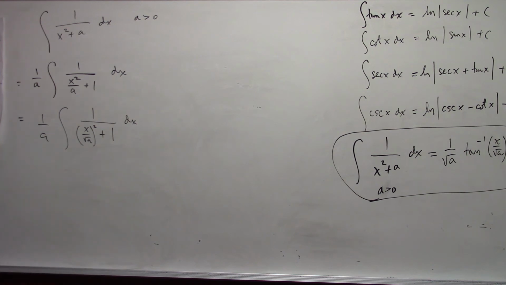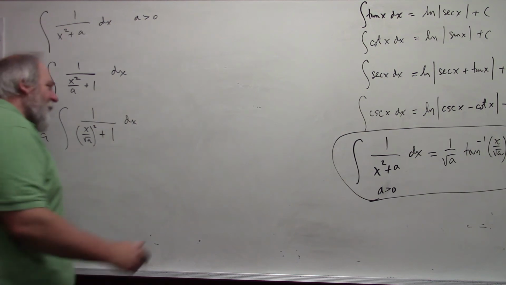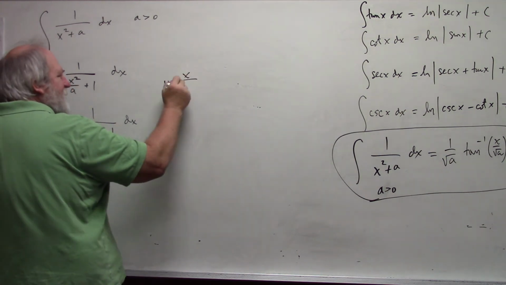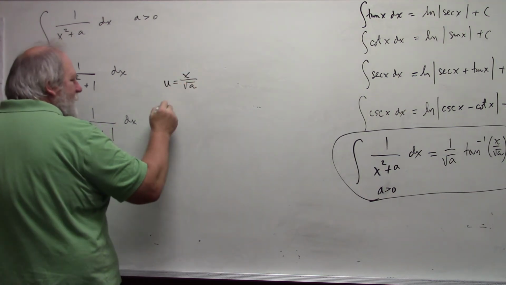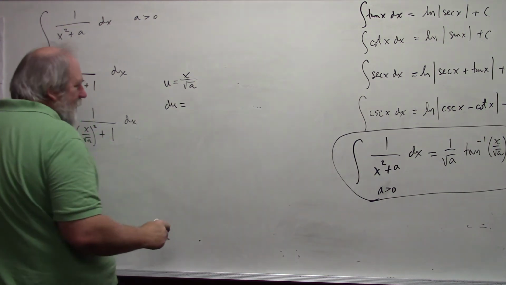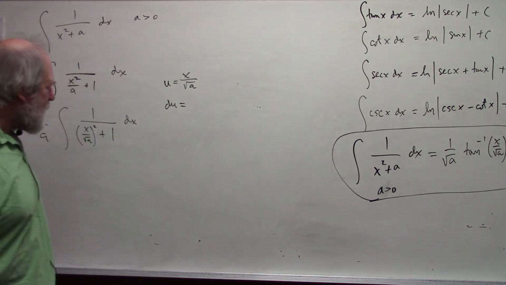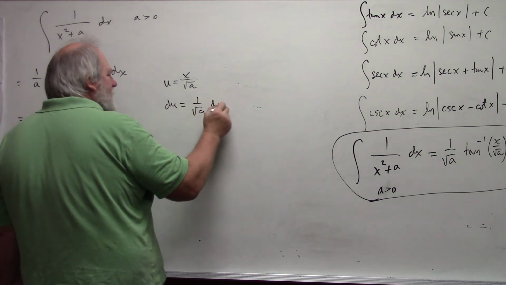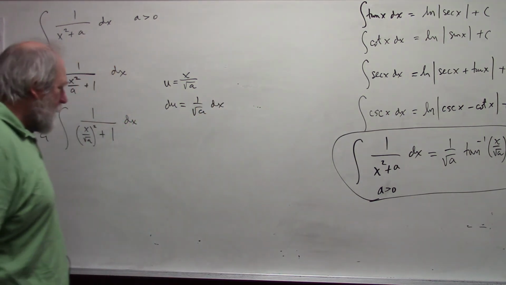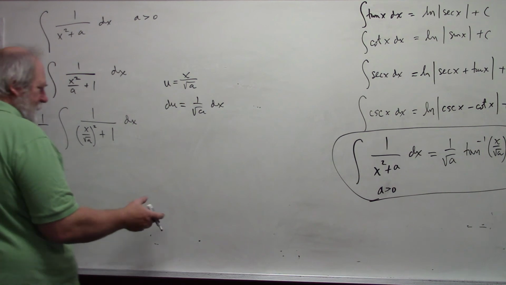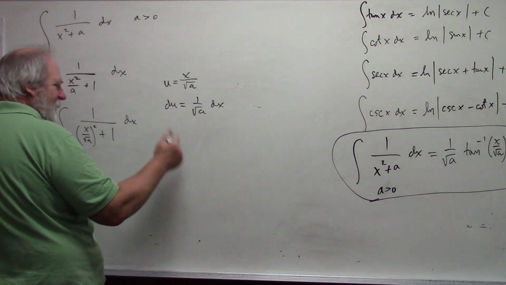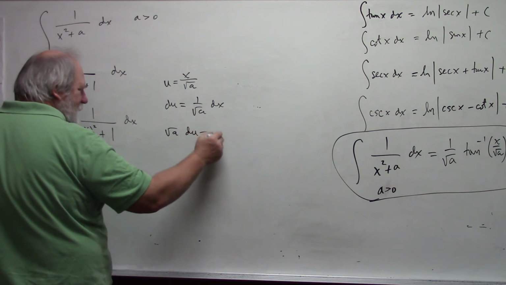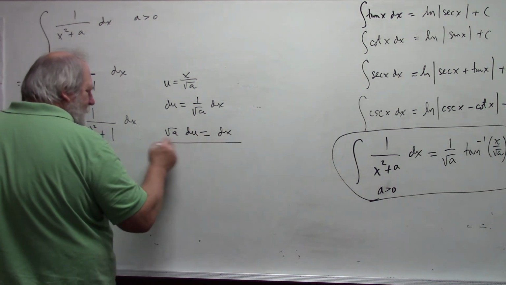And now you might recognize that this is ready to do a u sub. If u is x over the square root of a, du, its derivative, again in differential form, would be 1 over the square root of a dx. Or, putting that number on the other side, the square root of a times du is dx.